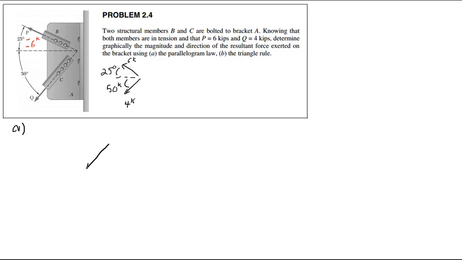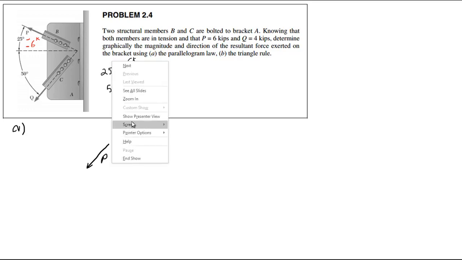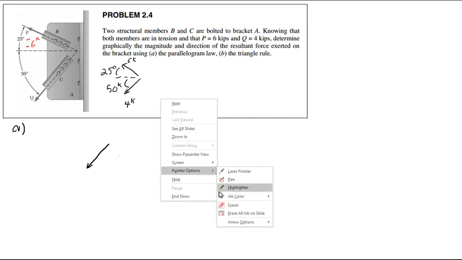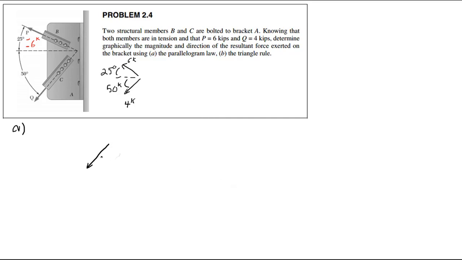So we could say P here, Q here, let me erase that. The problem asks you to use the parallelogram law or the triangle rule. Would it matter? Well, there are two different methods here, we can do one or the other. But again, it's graphical, so they kind of reduce to the same thing in many ways. Anyway, this is actually going to be Q at an angle of 50 degrees, and then P here.